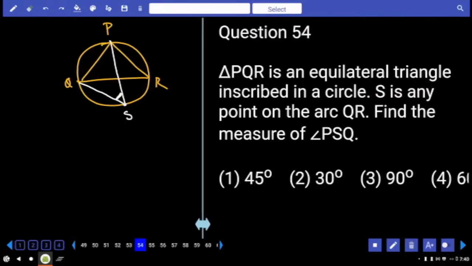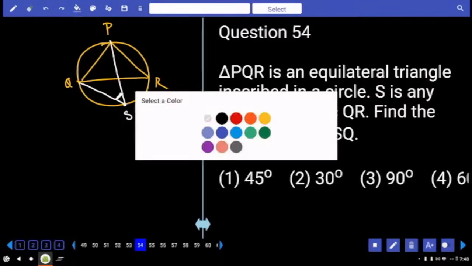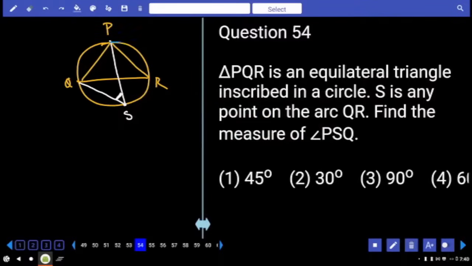PSQ, this angle. So now I will take arc PQ. From any point on PQ, if you make an angle to P and then Q, this angle, and from S also, angle at S, both should be equal.